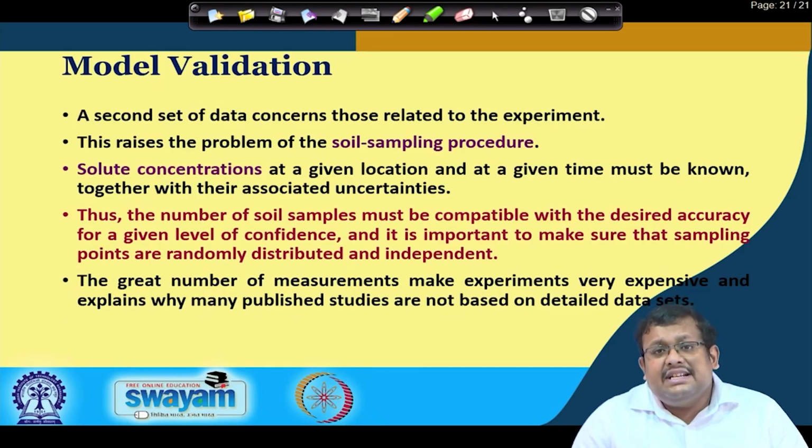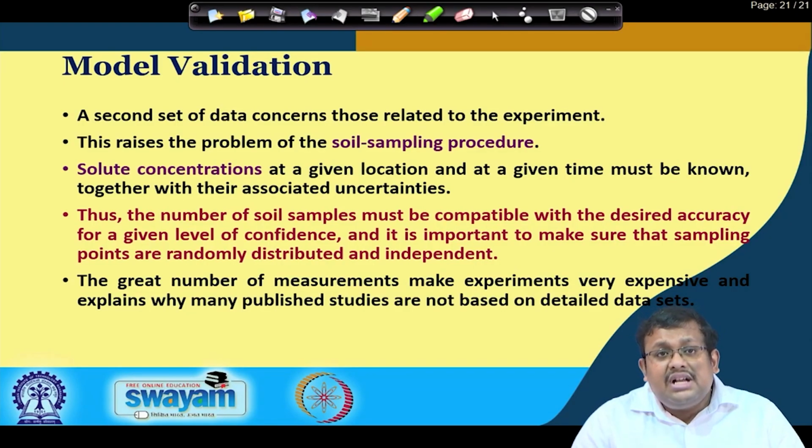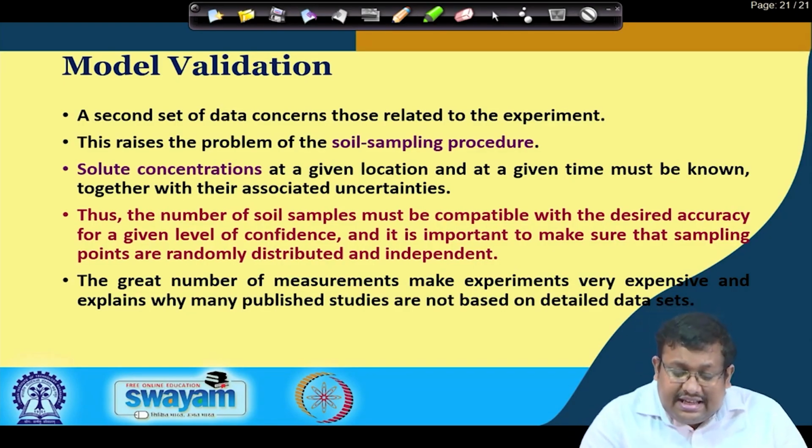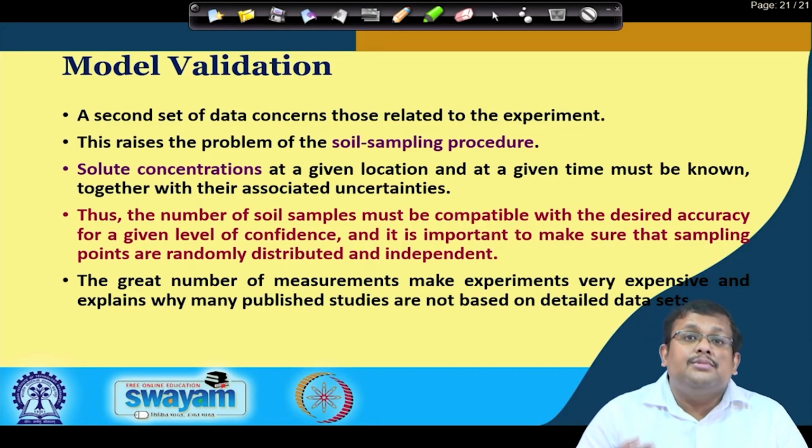Now, remember, for the model validation, a second set of data related to the experiment has to be gathered, and this raises the problem of the soil sampling procedure. Solute concentration at a given location and a given time must be known together with their associated uncertainties. Thus, the number of soil samples must be compatible with the desired accuracy.